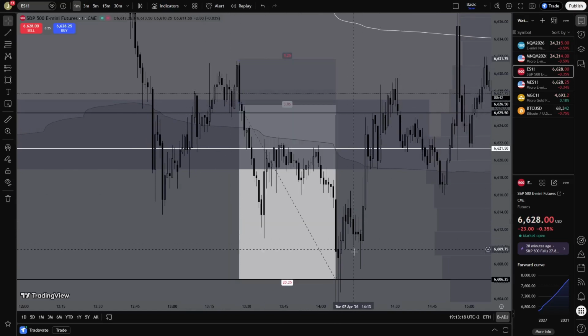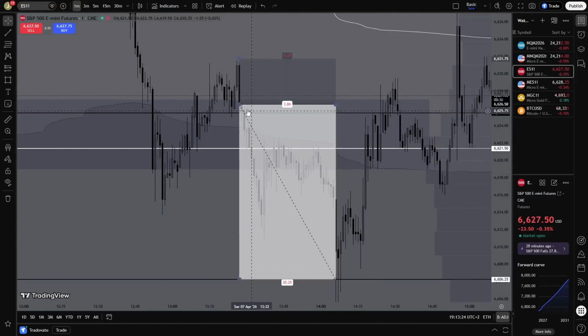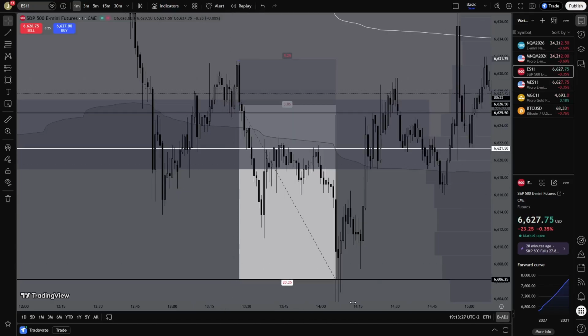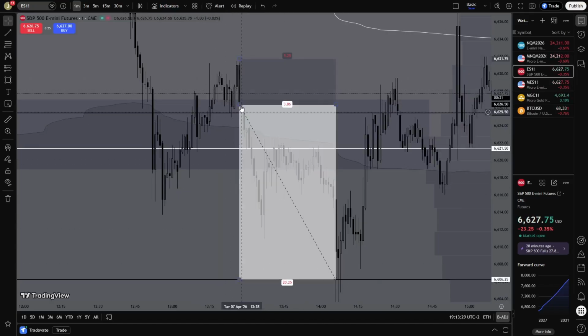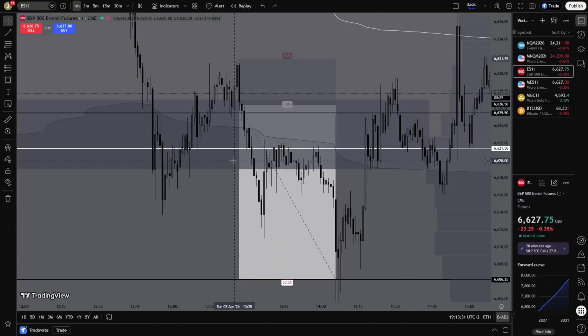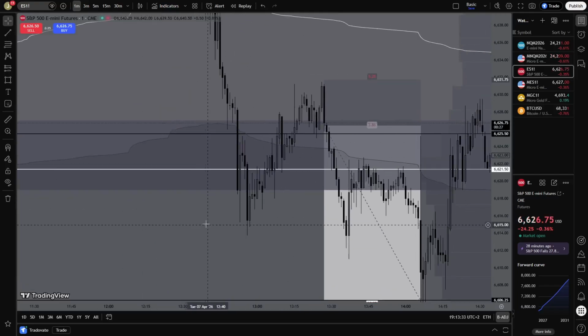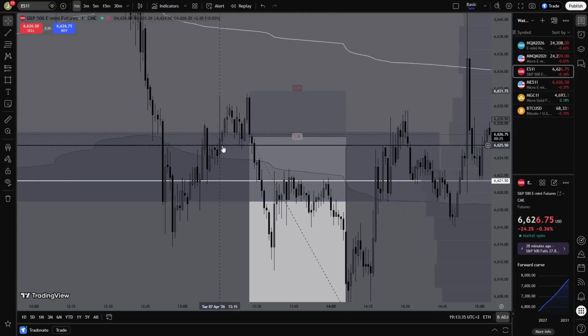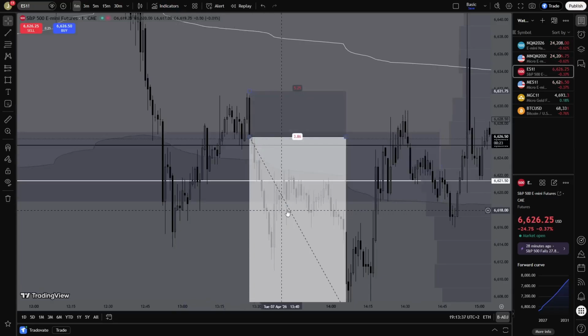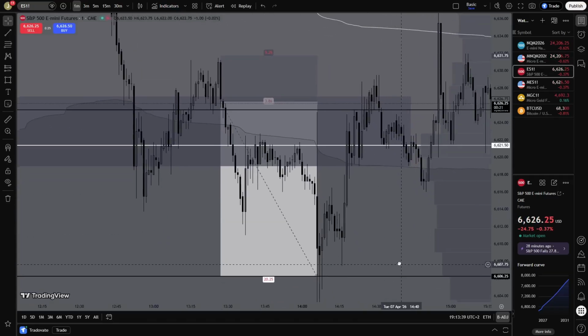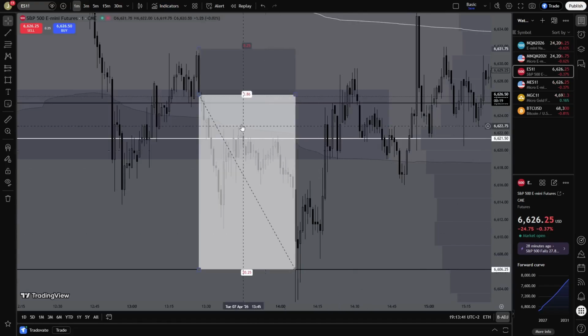So, VWAP, lower deviation band: I tried to find a bounce. 30-minute fair price: I tried to find a traverse, the cross. And the weekly: I tried to find a cross.